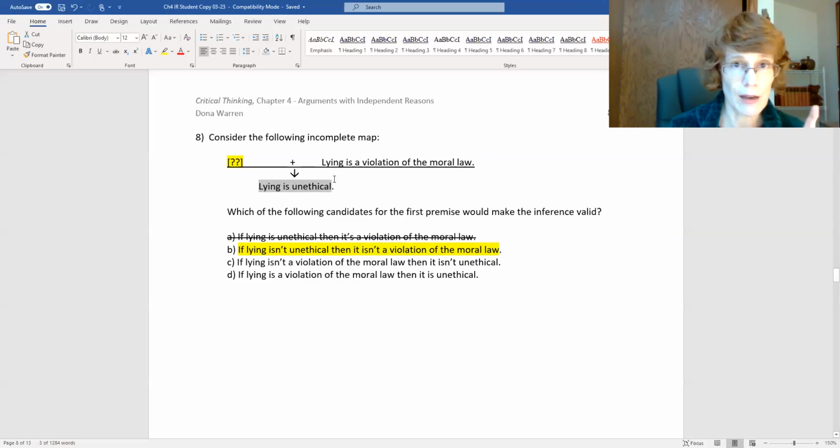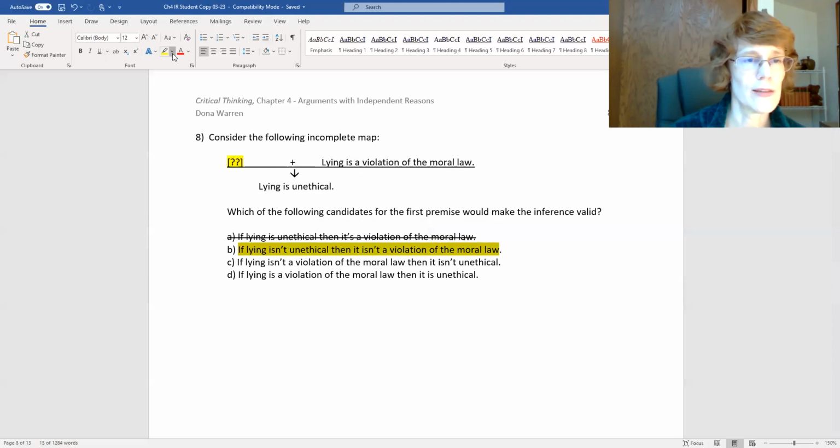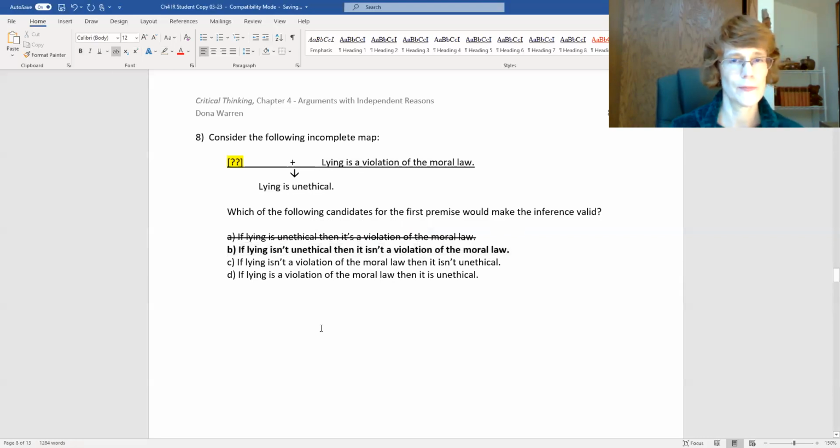Lying is unethical. The front of this conditional is it isn't unethical. So that would work, right? This would be if front, then back, opposite of the back, therefore opposite of the front. Excellent. So I will uncheck this, and I'm going to leave that. In fact, I think I will bold it to say, yes, that works.